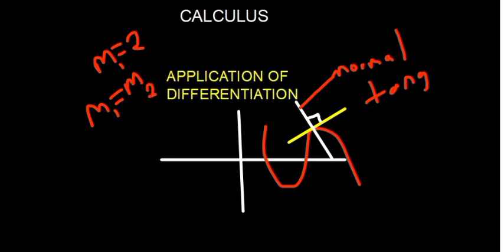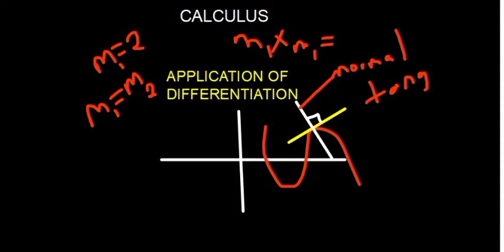Let's say the gradient of this curve that I've drawn here is 2 at that point. We expect the tangent to also have a gradient of 2. How about the normal, which is perpendicular? If you go back to coordinate geometry, whenever two lines are perpendicular to each other, the product of their gradients is equal to -1.